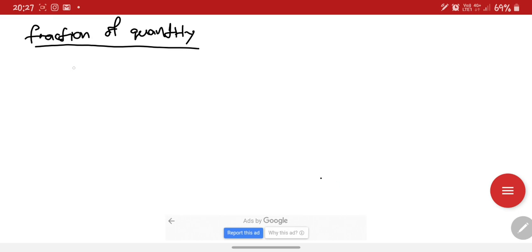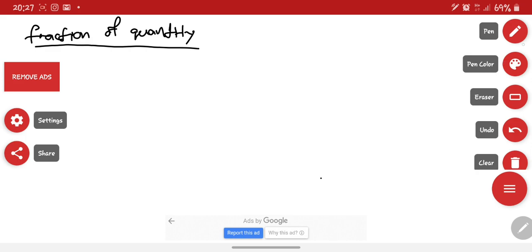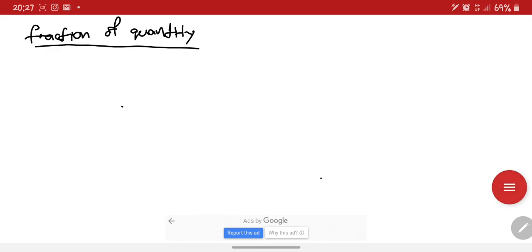Let's say you are given a box, and this box is divided into 4 equal parts.